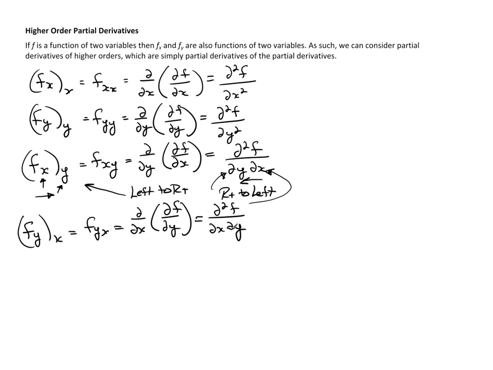Now, some books also use notation for fxx as f11 and fyy as being f22. fxy would then be f12, and fyx would be f21. Now that notation I find kind of confusing, but you may see it sometimes.